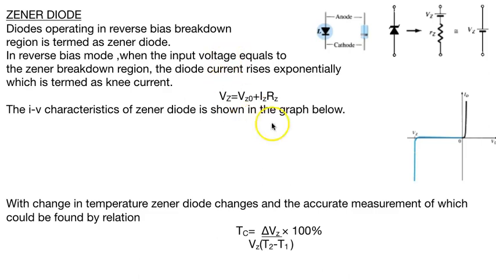Thus, it is used to maintain a constant potential across a device with increasing currents. Once the Zener voltage is achieved, no further increase in voltage takes place across the device.